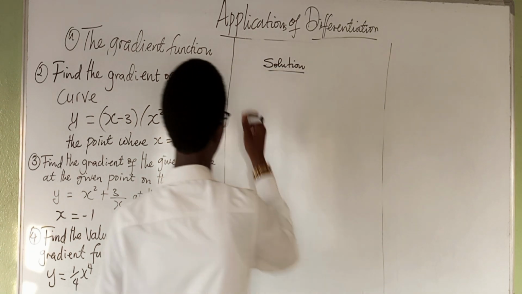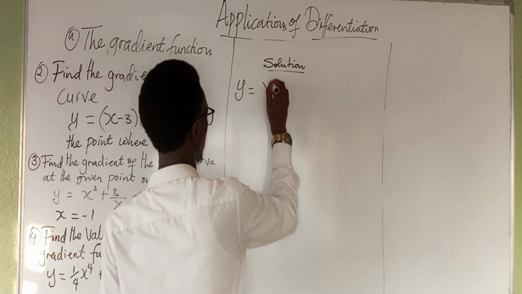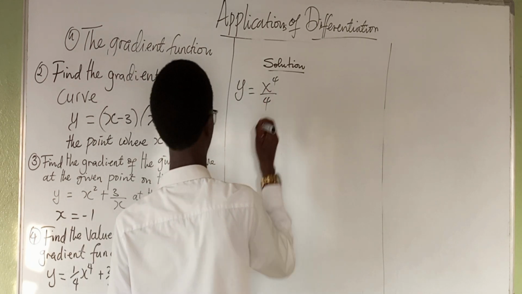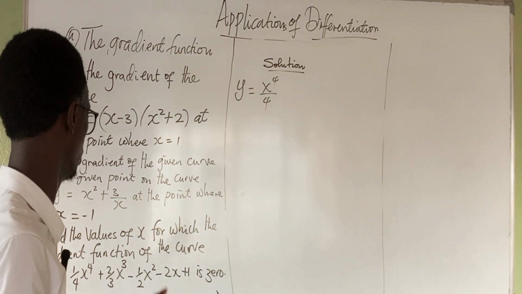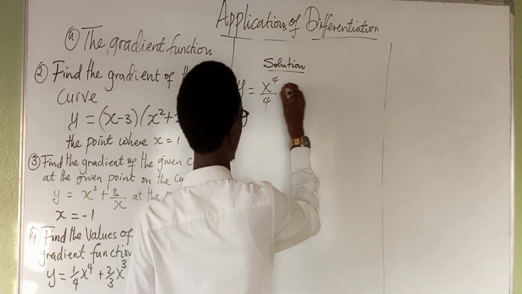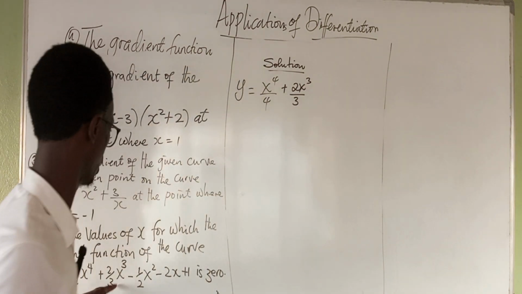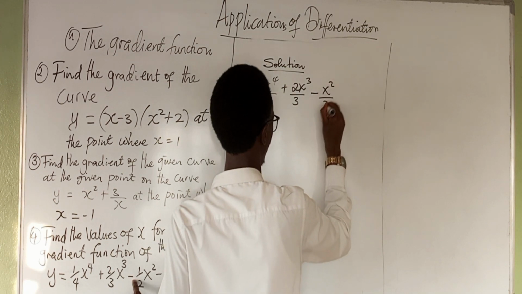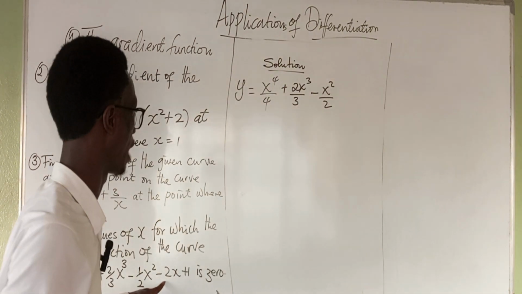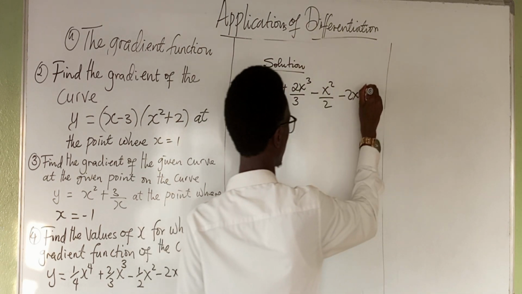So we have the curve y equals to x raised to the power 4 divided by 4, which is 1/4, plus 2x cubed divided by 3, minus x squared divided by 2, minus 2x plus 1.